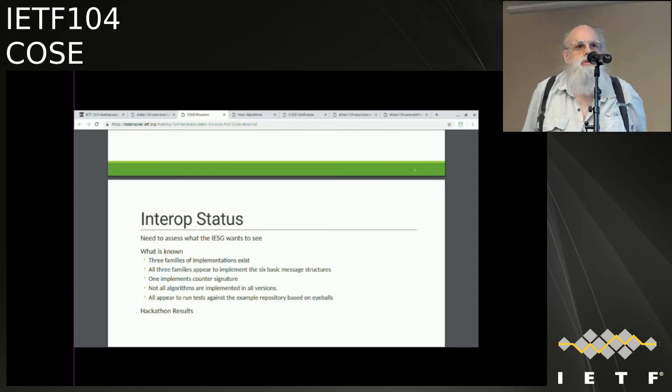But from the point of doing interoperability and giving the report, I don't believe that matters, because that's underlying cryptographic algorithms that has nothing to do with how COSE itself is structured. So you can look at the messages, you can build signed messages, you can tear apart signed messages, and they work. It doesn't matter which signature algorithm you're using under the covers.